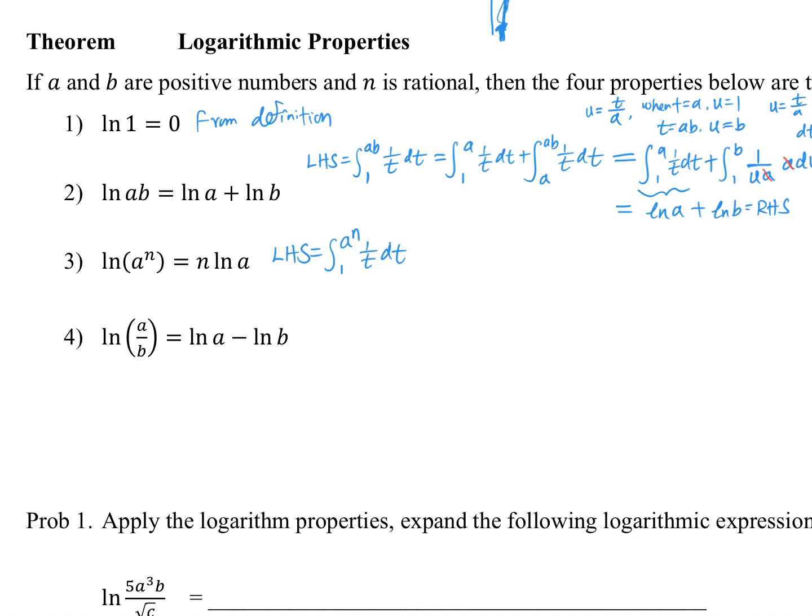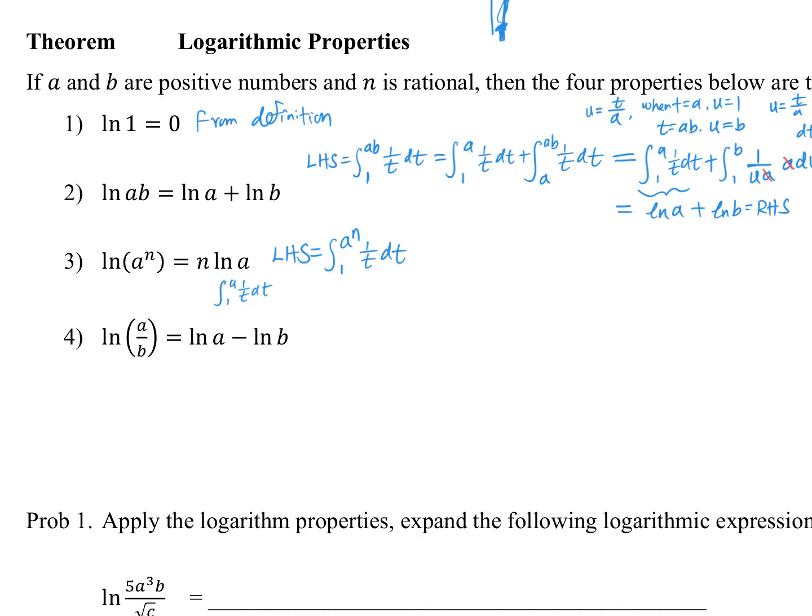If you look at the right-hand side, ln a, according to the definition, is the integral from 1 to a of 1 over t dt. So you want to do a little substitution so that the upper limit becomes a after the substitution.